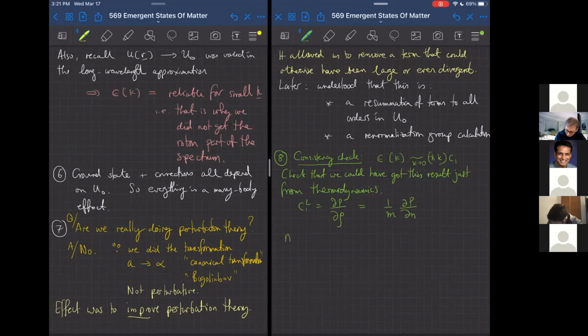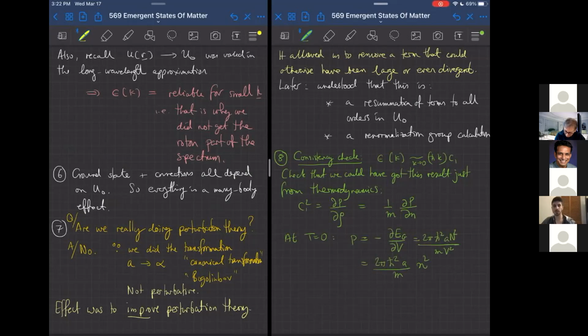At zero temperature, which is where we are, because everything I've done so far is zero temperature, the pressure is minus dE by dV, where E is the energy of the ground state, and we already worked that out, and that is 2 pi h bar squared a n squared over V, which is just 2 pi h bar squared a over m times n squared. So that's what the pressure is.